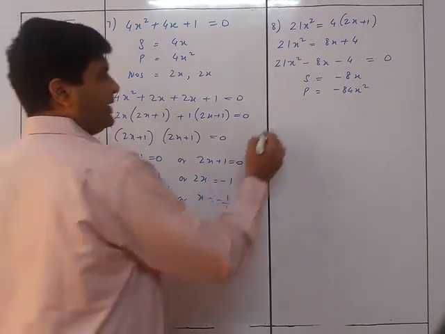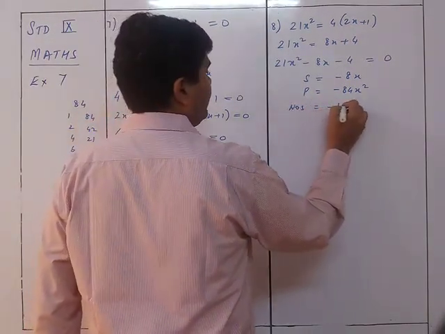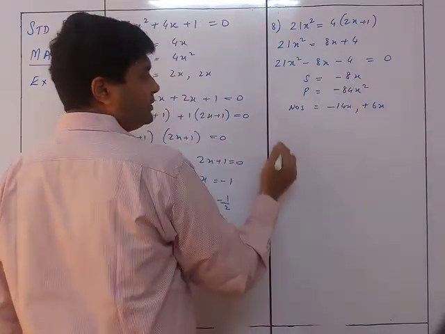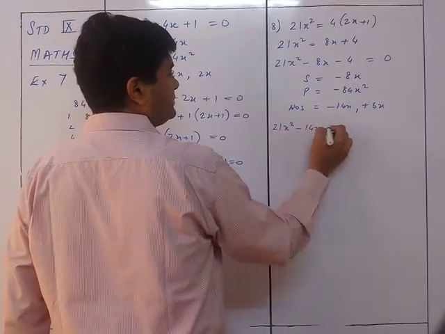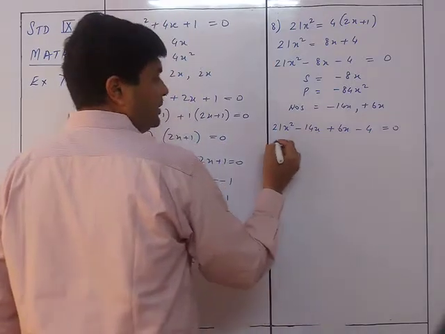So that's right. We get the numbers as −14x and +6x, because we want −8. That's why it will be 21x² − 14x + 6x − 4 = 0.